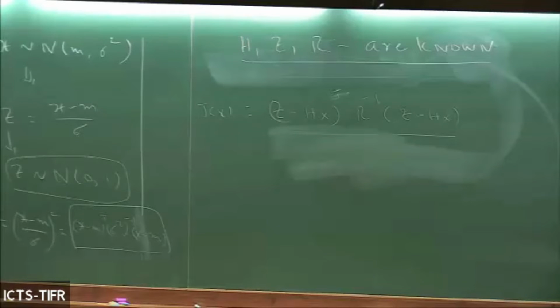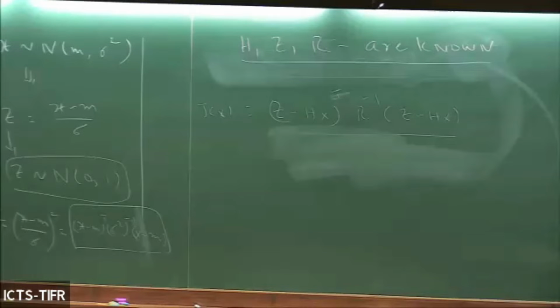But we do know there is an R. Are you all with me? In practice, there is an R, but knowing R is a difficult problem. That's one of the challenges in data assimilation, especially using satellite data, radar data, instrument measurements, or whatever measurements you are going to get.